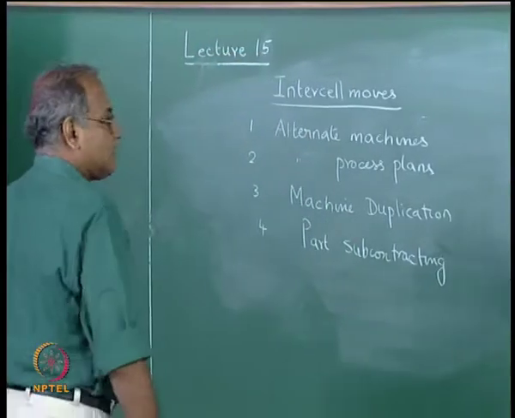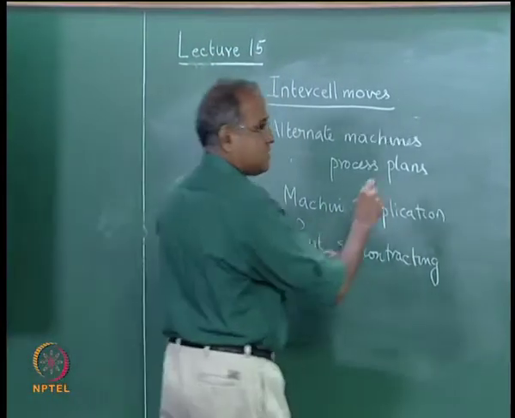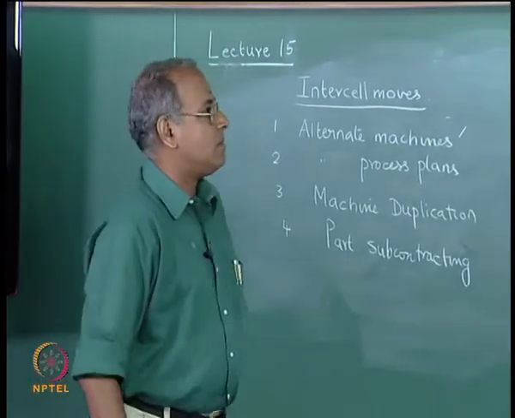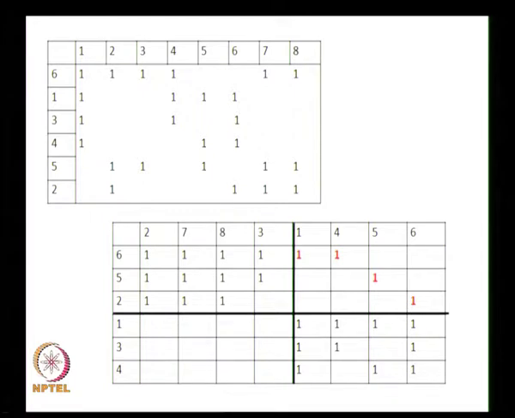So, first one would say, when I say alternate machines, it will say, can I do, there is one operation, part 5 on machine 5, which is here, part 5 on machine 5, this is an intercell move. So, the question is, can I have this operation done by this?